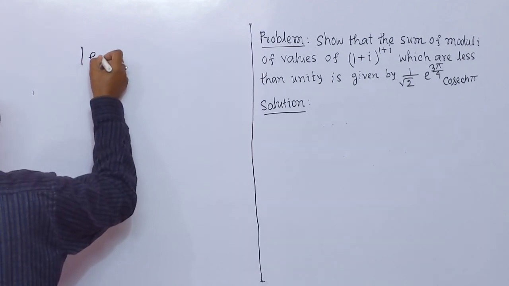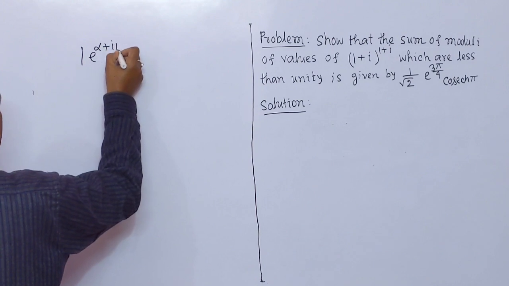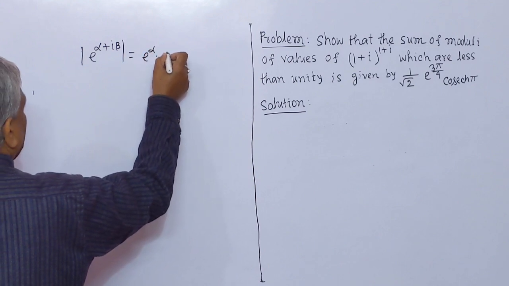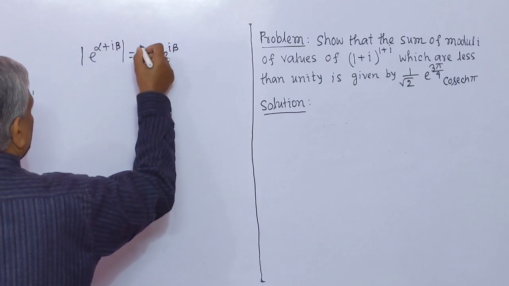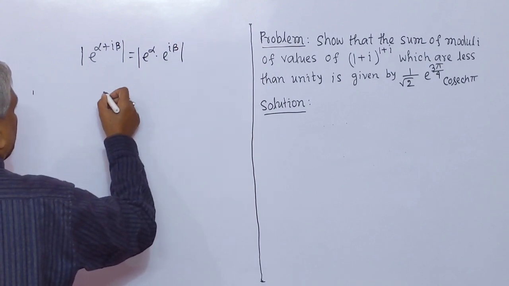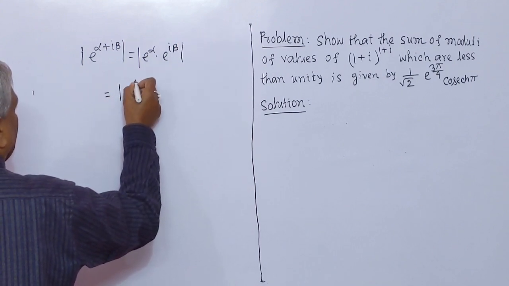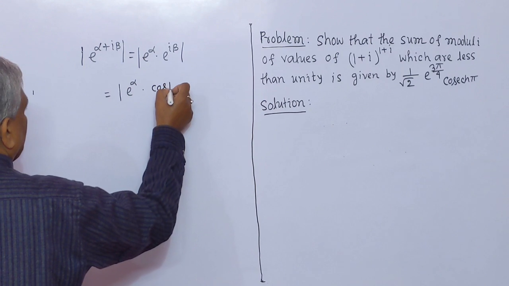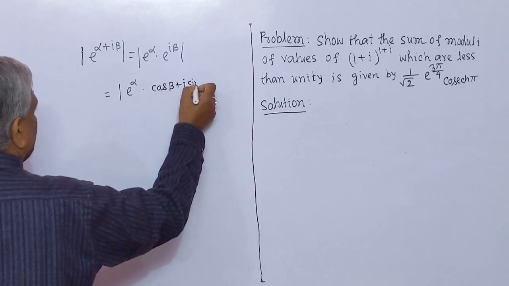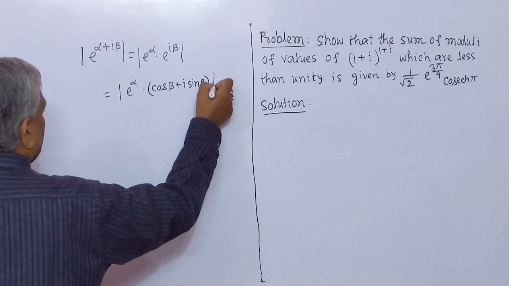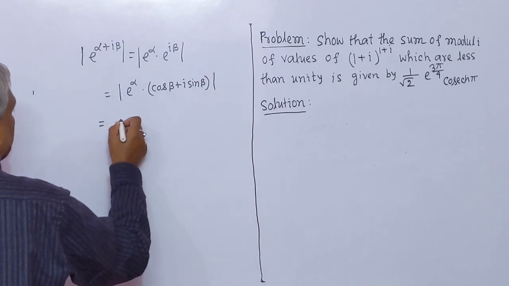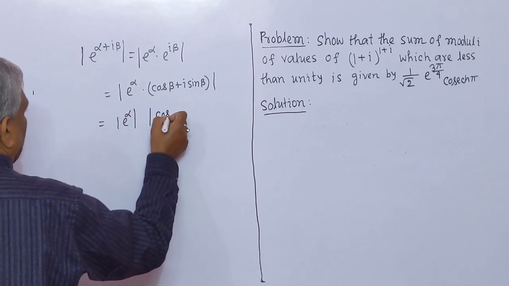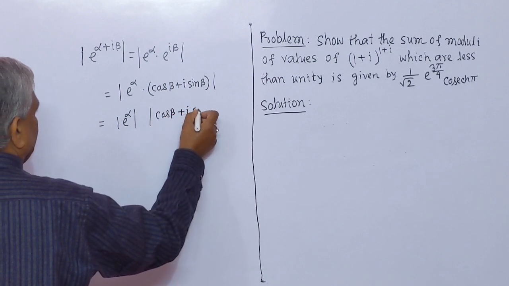Modulus of e to the power alpha plus i beta equals modulus of e to the power alpha multiplied by e to the power i beta, which is modulus of e to the power alpha multiplied by (cos beta plus i sin beta). This is modulus of e to the power alpha times modulus of (cos beta plus i sin beta).